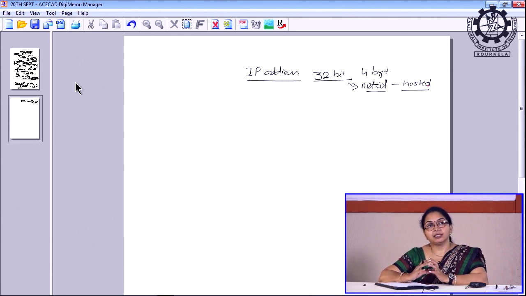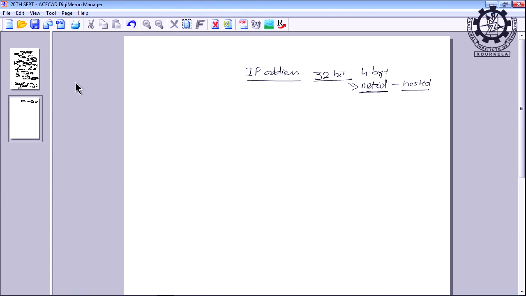Any system that is connected to the internet is present in one network first. Which network does it belong to? Where is the network address where the system is present? That signifies your net ID. And within the network, where the system is physically present defines the host ID.